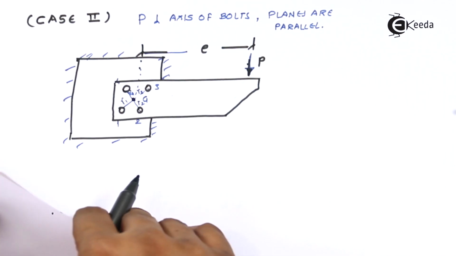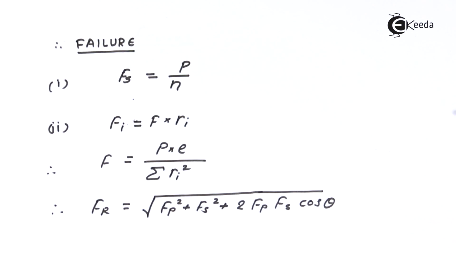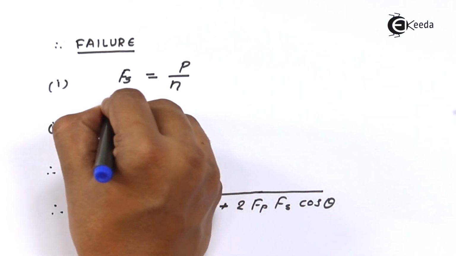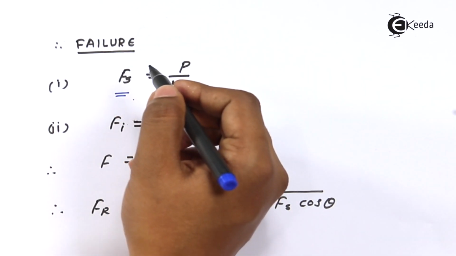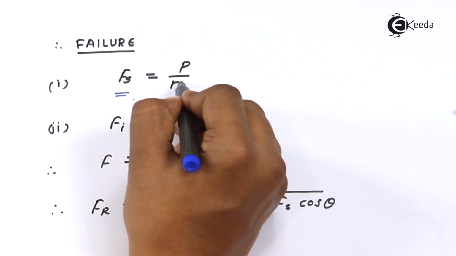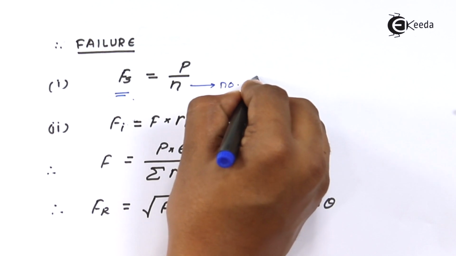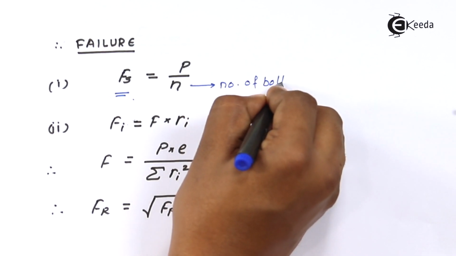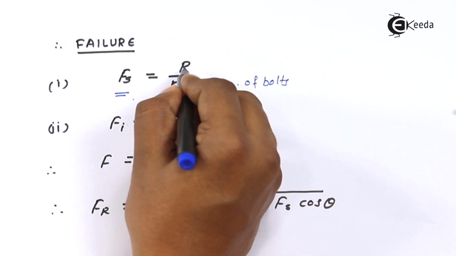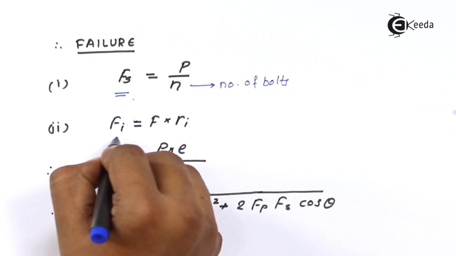So let us move ahead with this case and look at the failure of this particular case. In that case, again direct shear will be in the picture, and that will be nothing but total force divided by number of bolts. Now P is the acting load, right?